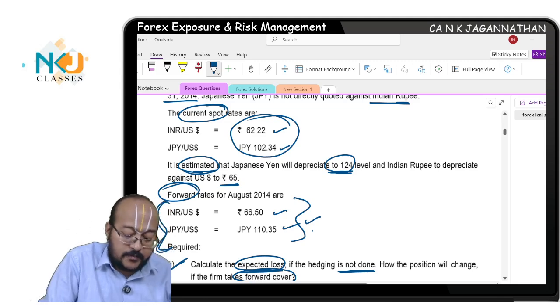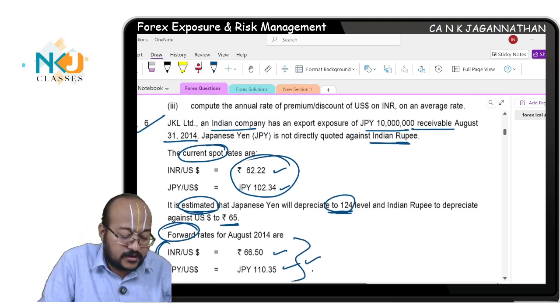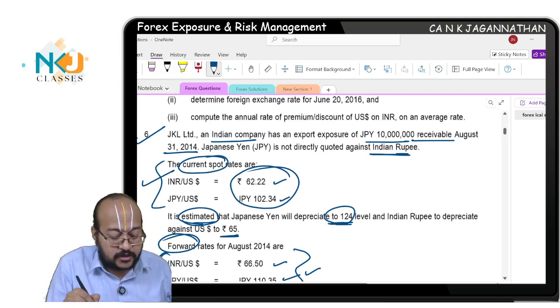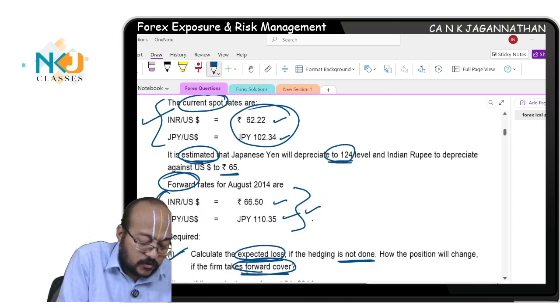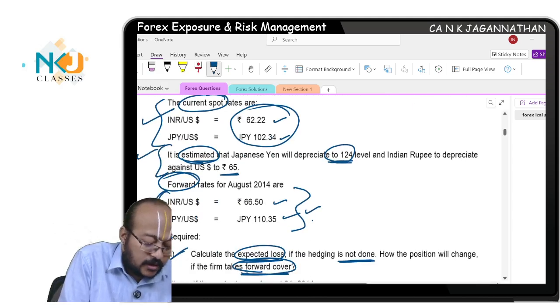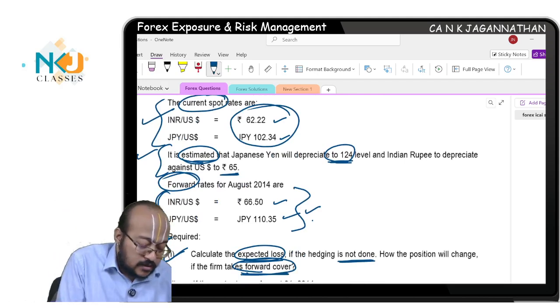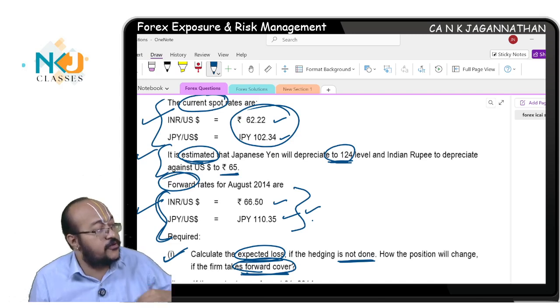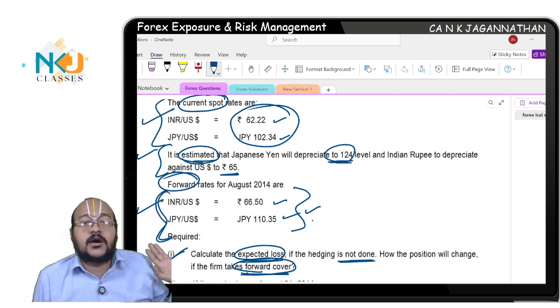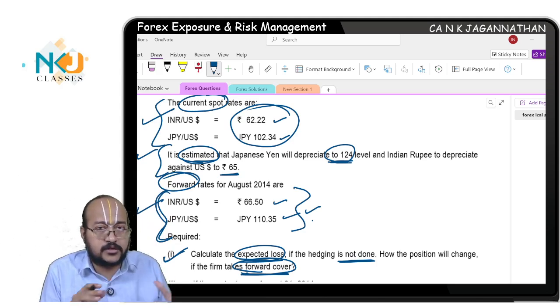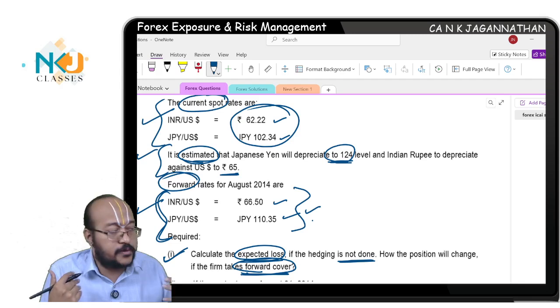See, there are three things here. One, the current spot quotation is given. Two, the estimated spot on the date of maturity is given. And the third thing is the forward rates, which are quoted today. Are you all understanding? First option, no hedging at all is done. Then what will be the expected loss?